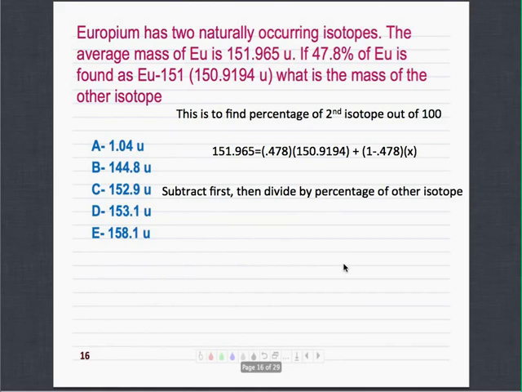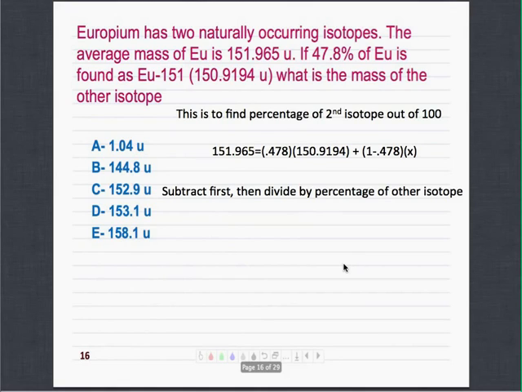And that's equal to 52.2%. Okay? Now, I know the equation is that the average atomic mass equals the percentage abundance of 1 over 100 multiplied by the mass of Eu1, plus the percentage abundance of 2 over 100 multiplied by the mass of Eu2.